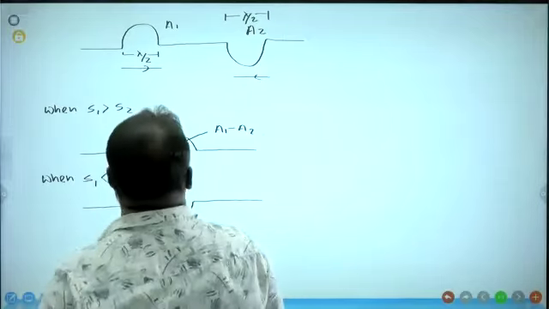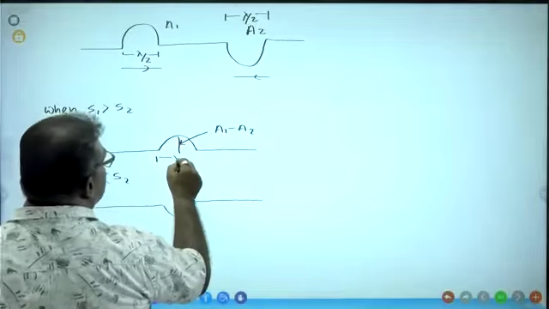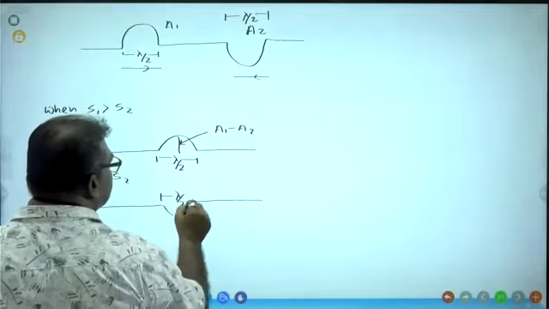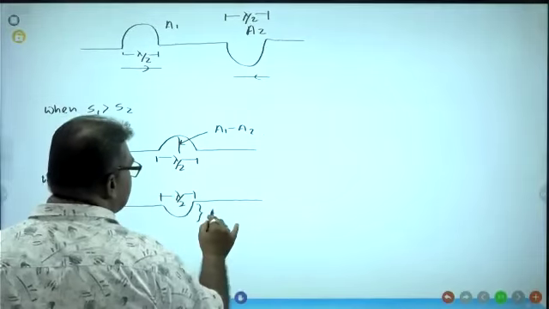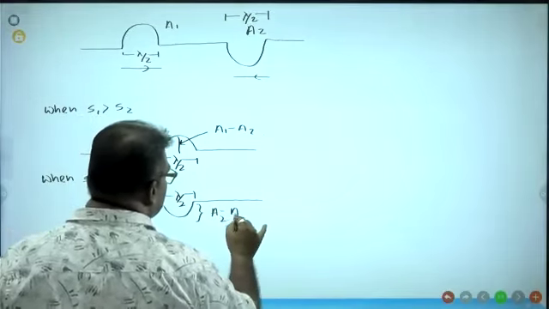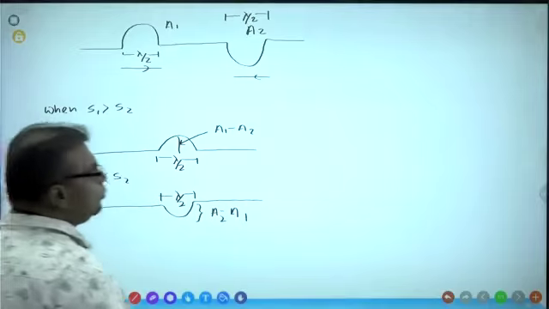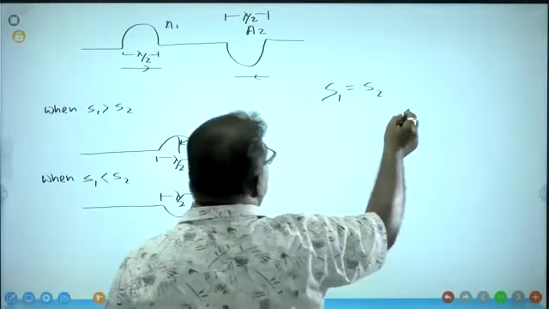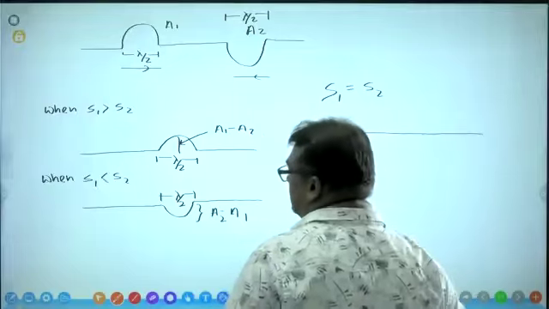Okay. Then here, same process, wavelength lambda by 2, and here also lambda by 2, but amplitude A2 minus A1. As well, when A1 equals A2, you don't see any wave pulse.